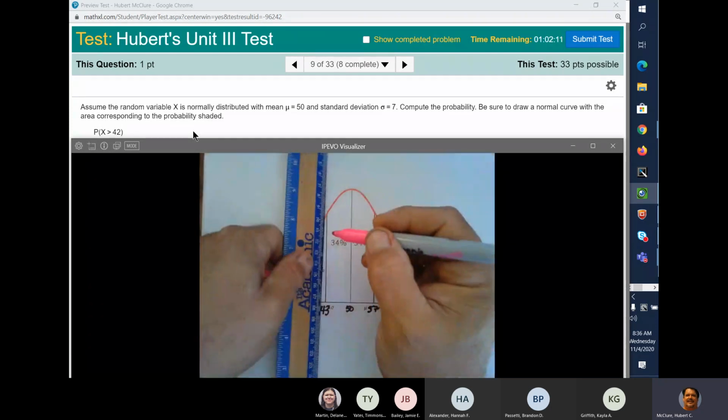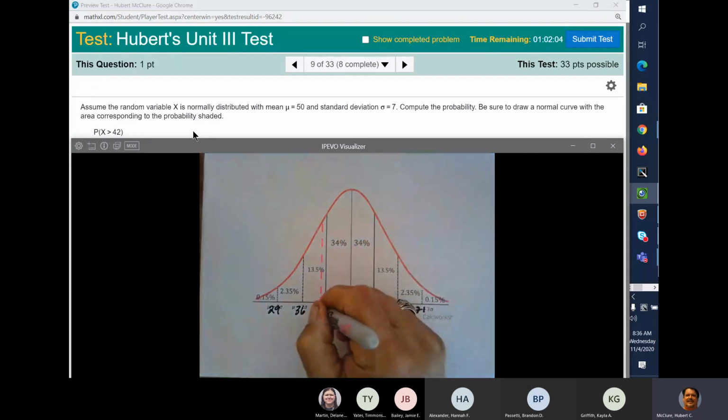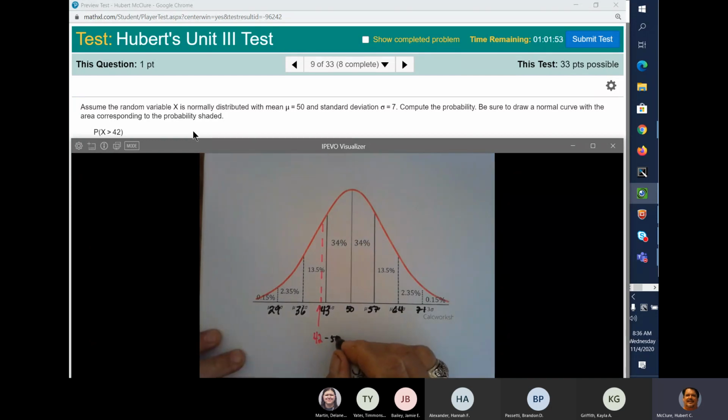And if you have an older calculator, you're going to have to change that into a z-score: 42 minus 50 over 7, which is 8 over 7, which is equal to negative 1.114.